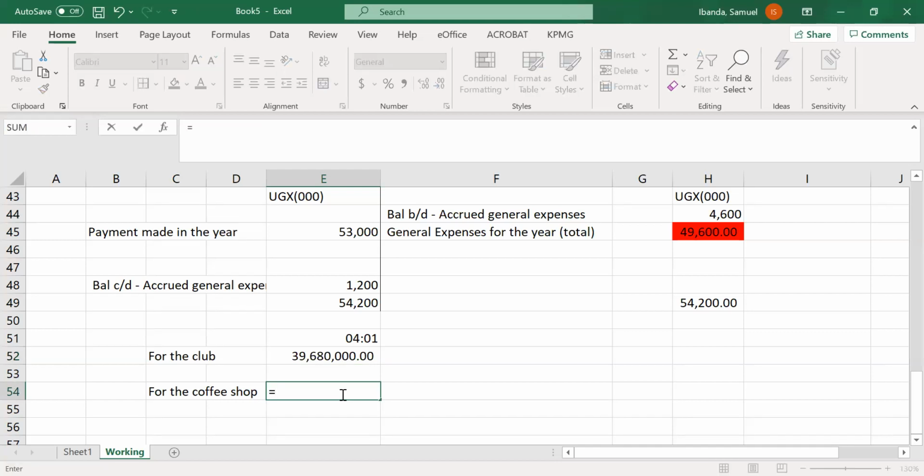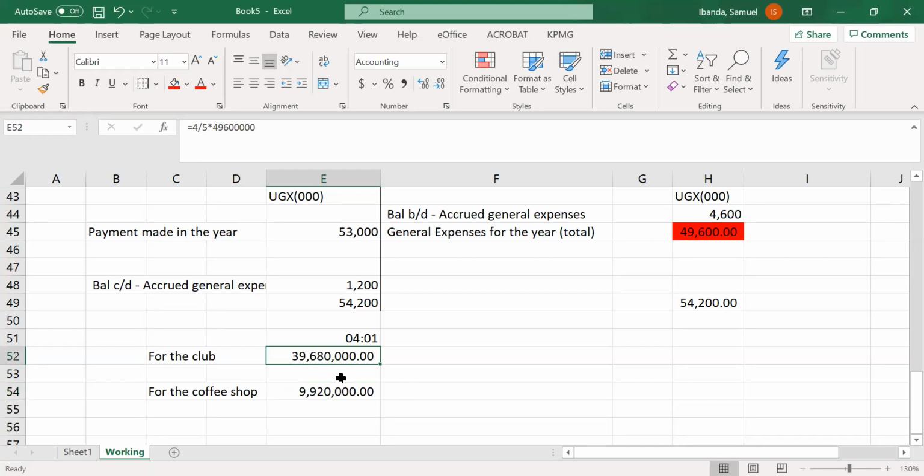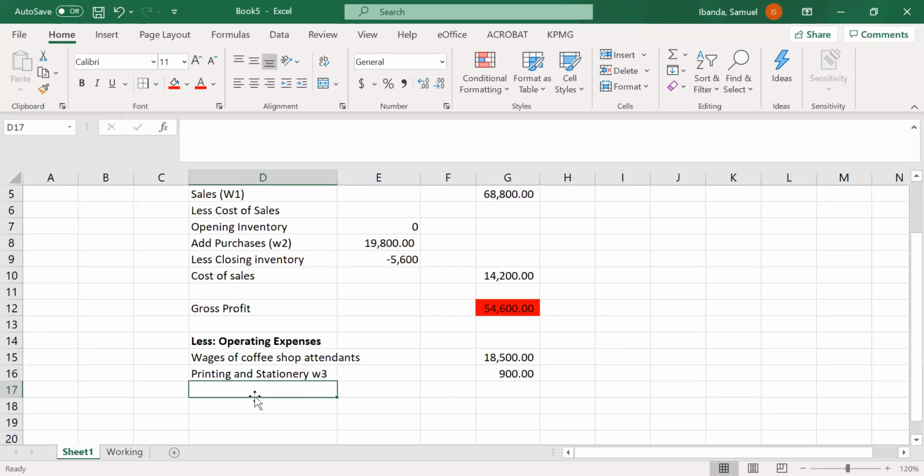Then for the coffee shop it will be 1 divided by 5 times 49,600. I'll add the 3 zeros, which gives me 9,920. So this is the distribution. So when I'm coming here, I'm going to write general expenses.